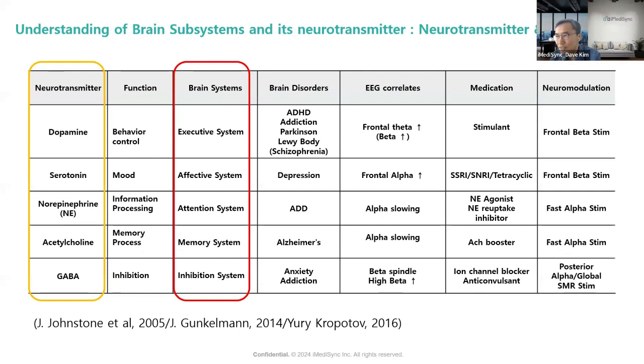Before going further, I need to briefly give the whole picture of the brain system. The brain is a very complex system. As I mentioned before, trillions of neurons and 1,000 trillion synapses and billions of trillions of neurotransmitter absorption and release. They're very complex, but basically our brain system is simplified like this.